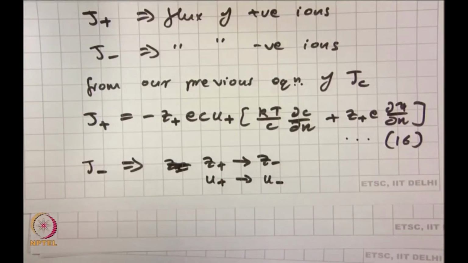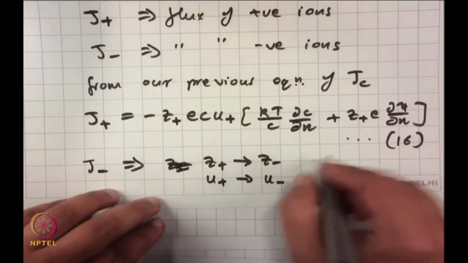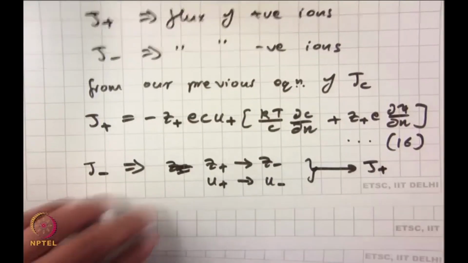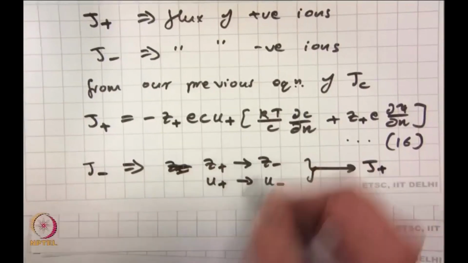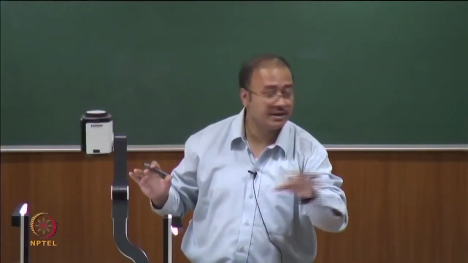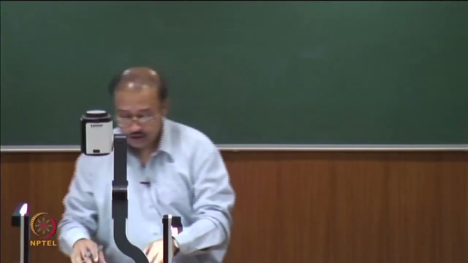Remember with the corresponding signs though, because Z minus would be having a negative and so on, and then you would get the expression for J minus. You do these replacements, that is what you would get. Do not make any change in signs, just in place of Z plus put in Z minus and all those things, right.